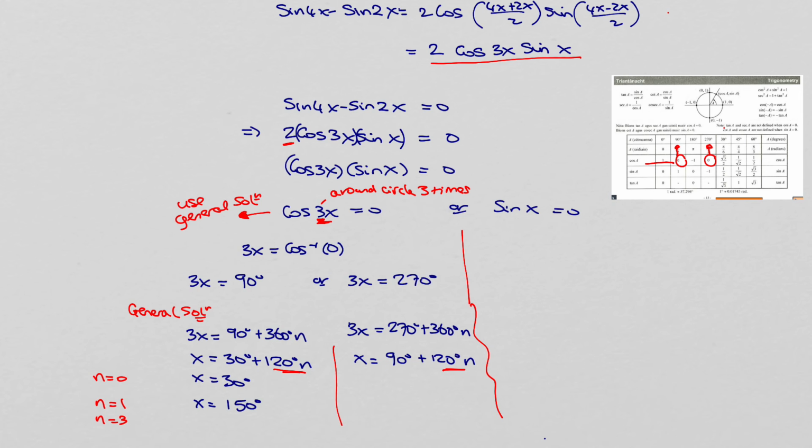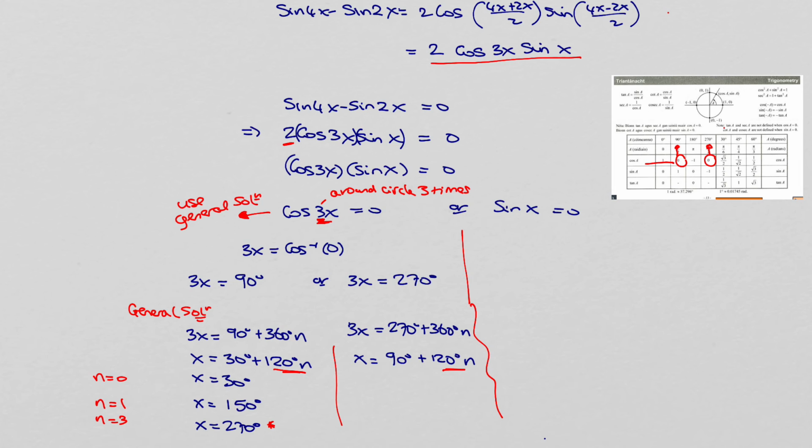And then x equals 30 plus 2 times 120, which is 240 plus 30, which is 270. But that's gone bust. We've gone beyond our domain that we were given in this question. Now, if I was going to 0 to 360, I would include that last answer. But I'm just going to star that for the moment, okay?